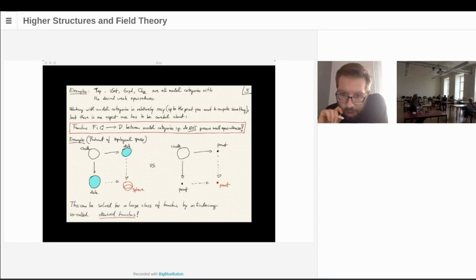So let me give you an example. Before telling you how to resolve this problem, let me give you an example where this is very easily seen. Push-outs of topological spaces, so gluing topological spaces together. Now here, look at this picture. I take a disk and another disk, two-dimensional disk, say, but this works in n dimensions as well, and the circle.